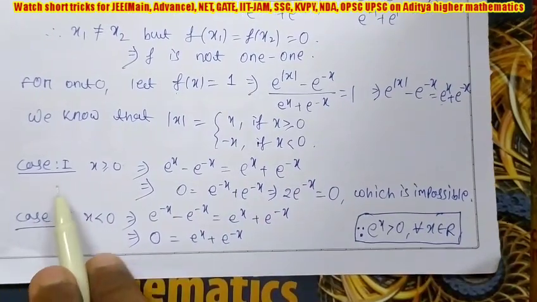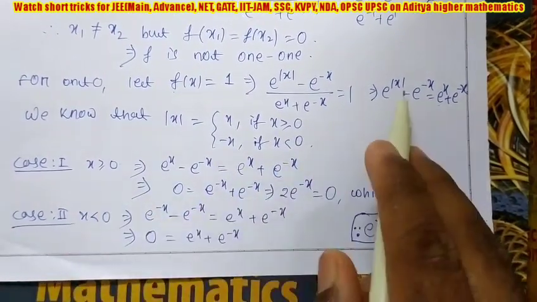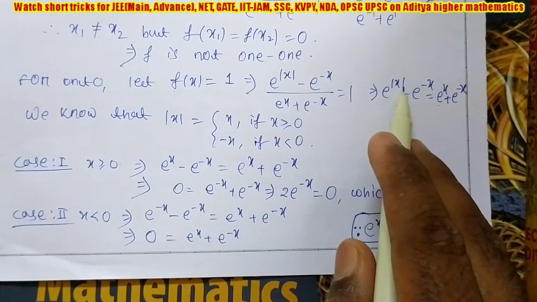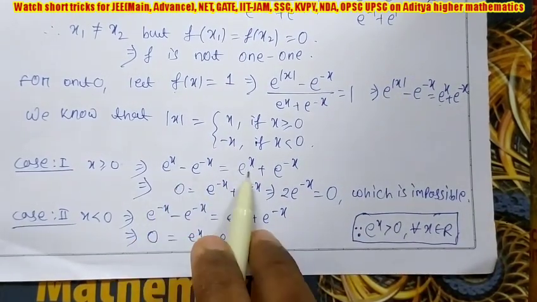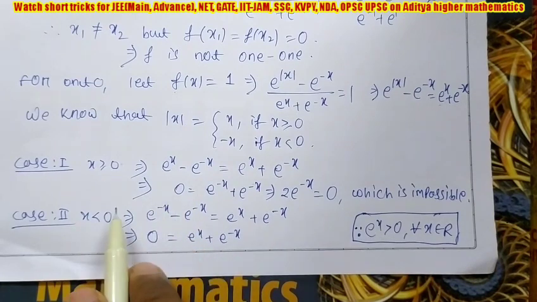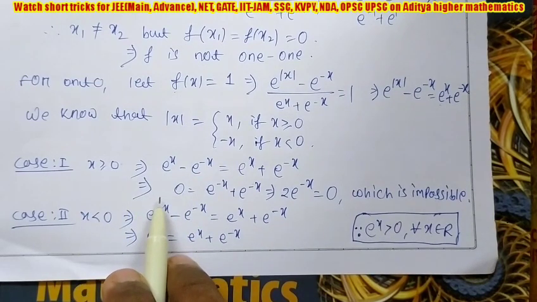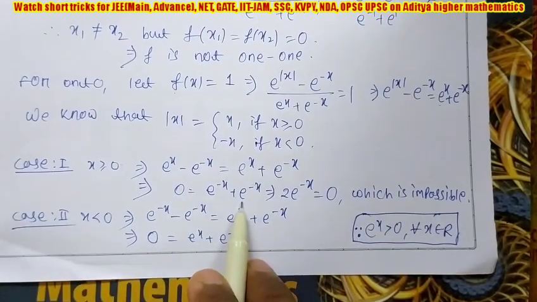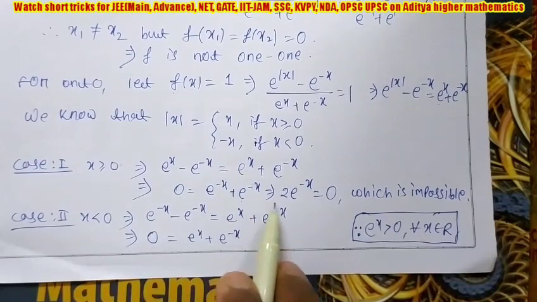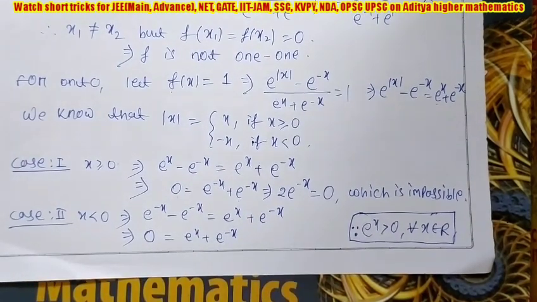So first we take case 1, non-negative. In the non-negative case, mod x is x, so put x. Now both sides e to the x will cancel each other. Left side 0, and moving the minus e to the minus x to the right side, we get 2 times e to the minus x equals 0.